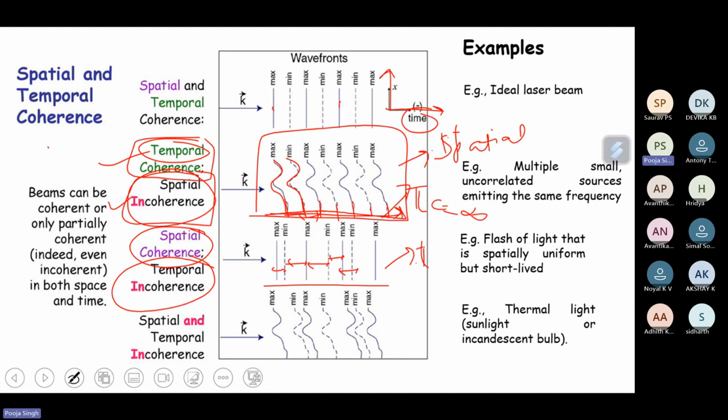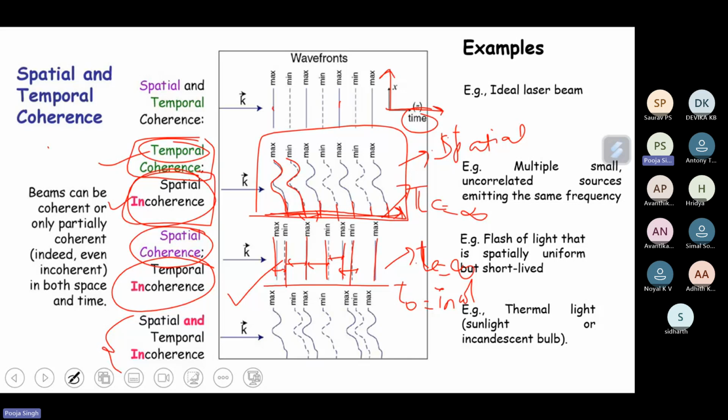So it is a temporal incoherence. But length-wise, all the wave fronts have zero phase. So that's why the spatial coherence length will be infinite and the time will be incoherent. Okay. So this is the example of coherency and incoherency based on the spatial and the temporal.